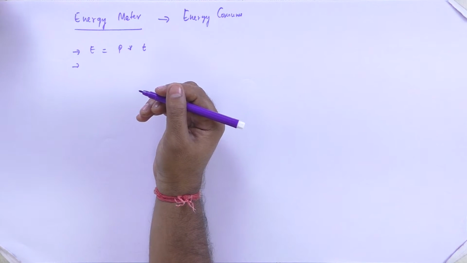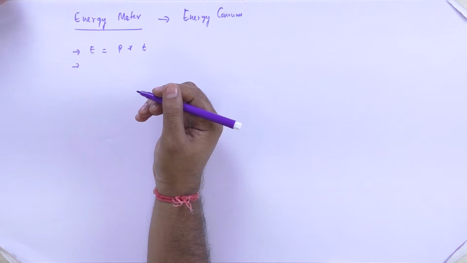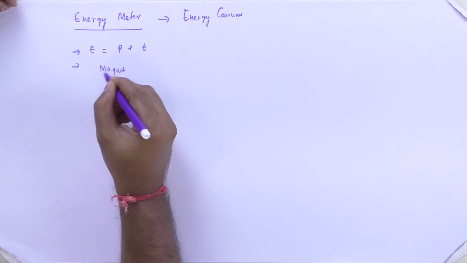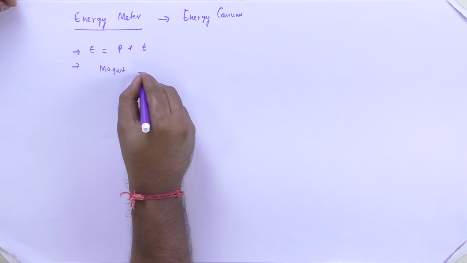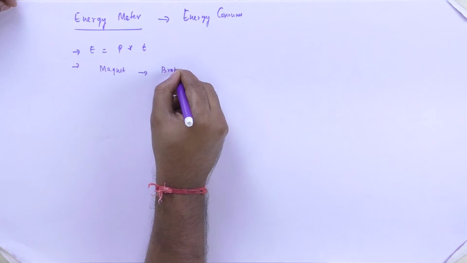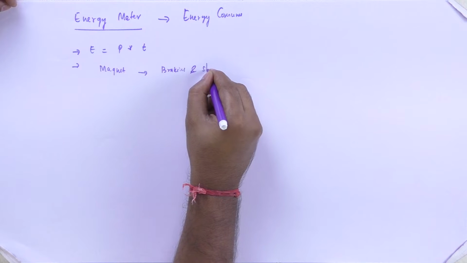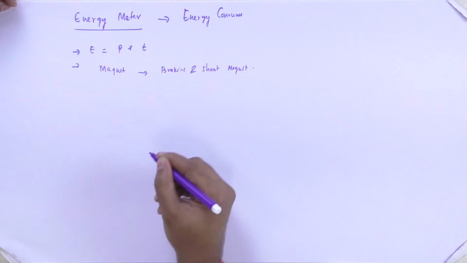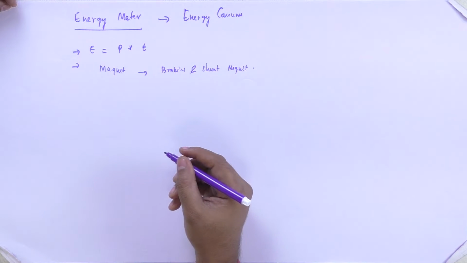Coming to the construction point of view, the energy meter consists of two important systems. One is the magnet system, in which the braking magnet and shunt magnet are the two magnets which form the magnetic system of the energy meter.